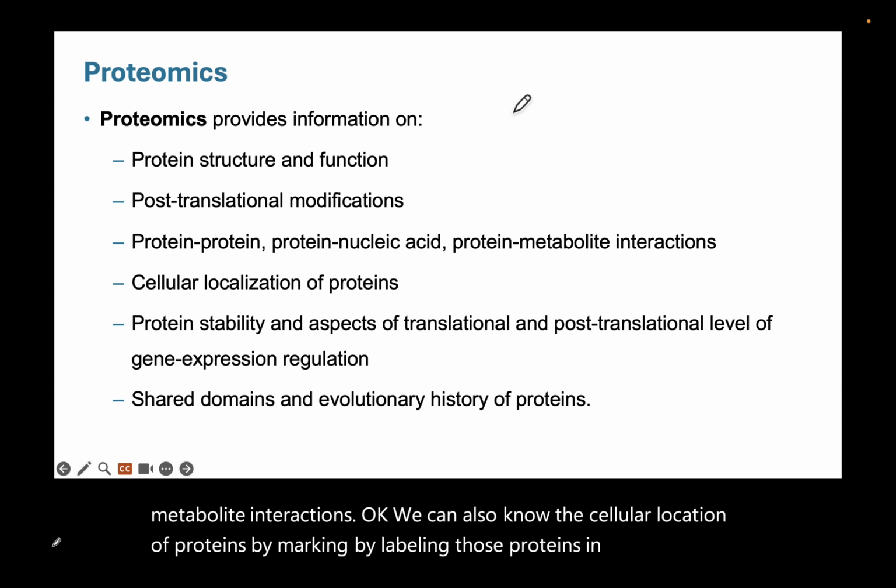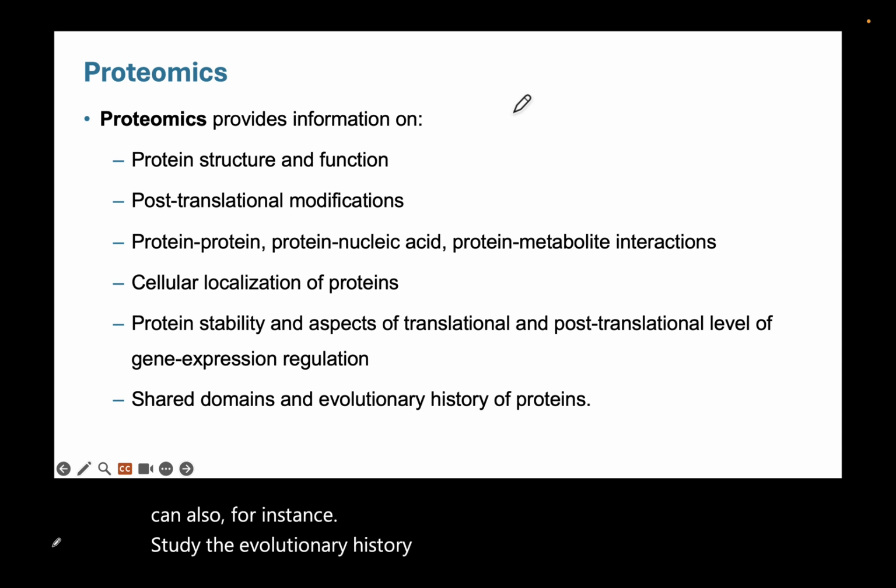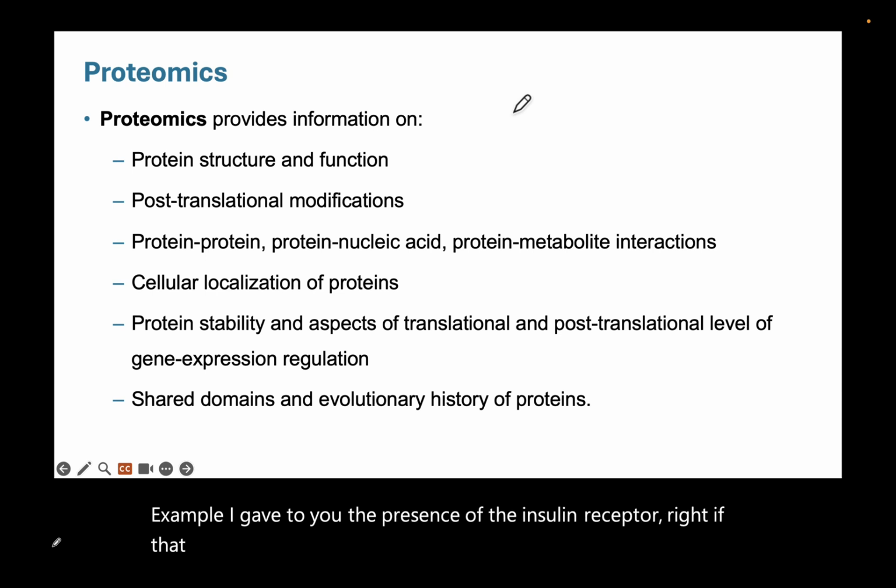We can also, for instance, study the evolutionary history of certain proteins, like the example I gave to you, the presence of the insulin receptor, right? If that came or not from the common ancestor, if more than one species share that same protein or not.